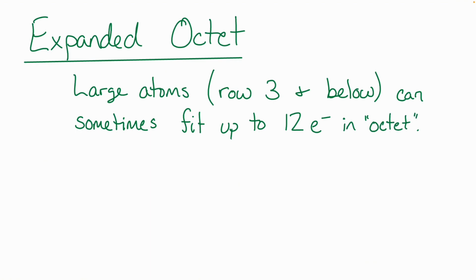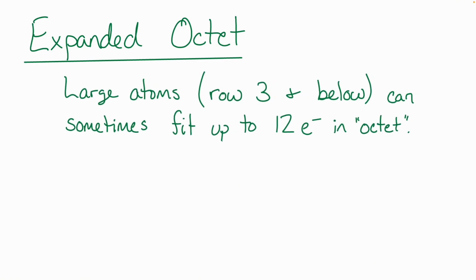All right, so there are certain elements, our larger elements on the periodic table, that will violate our octet rule. They'll have more than 8 electrons in their octet. And that's okay. That's perfectly legal because they're these big atoms that can accommodate these more electrons.